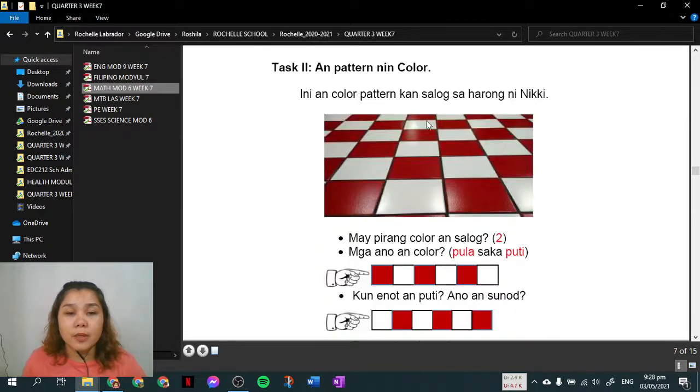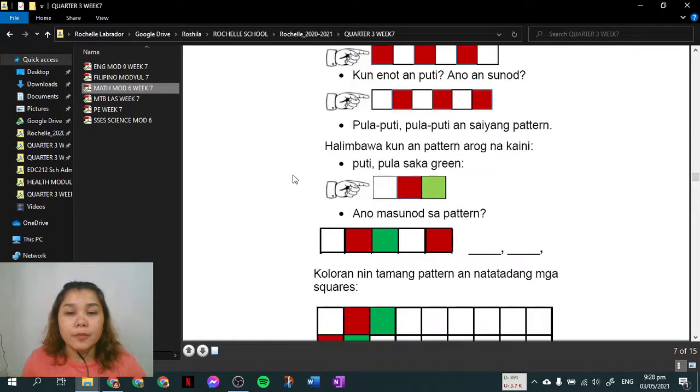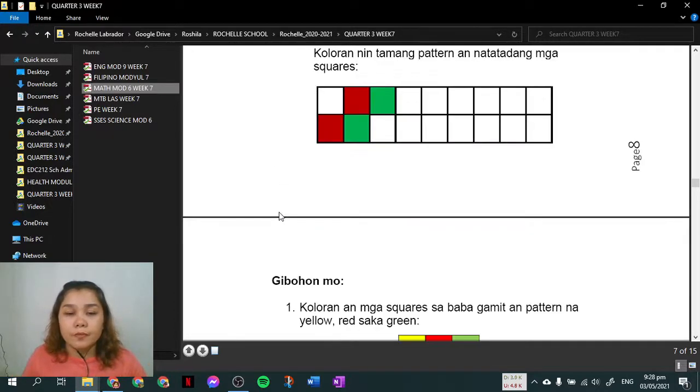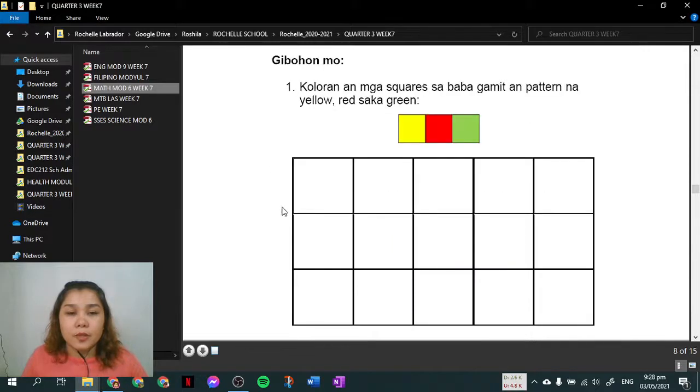And then, task 2 naman, color pattern. So, ito na, parang mas repeated na siya. So, you need to complete the pattern. Yan. So, gibuhan mo, koloran mga squares sa baba gamit ang pattern na yellow, red, saka green.